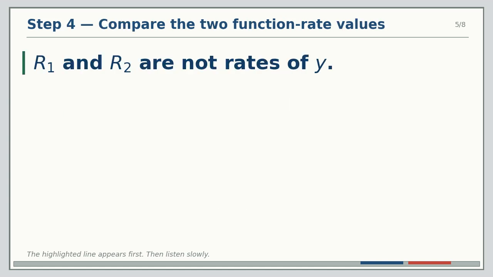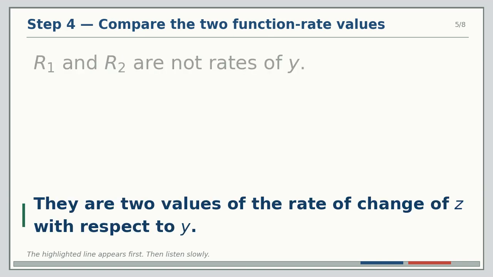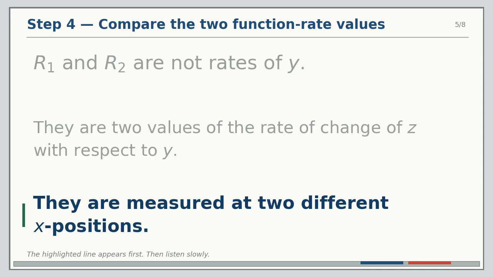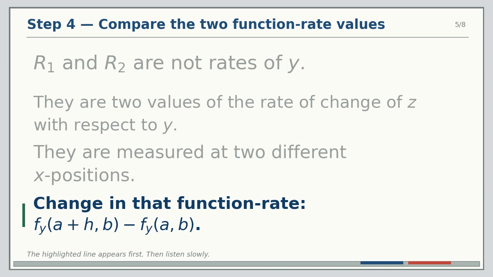r1 and r2 are not rates of y. They are two values of the rate of change of the function z with respect to y. The same function rate is measured at two different x positions. So the change in that function rate is f sub y at (a plus h, b) minus f sub y at (a, b).